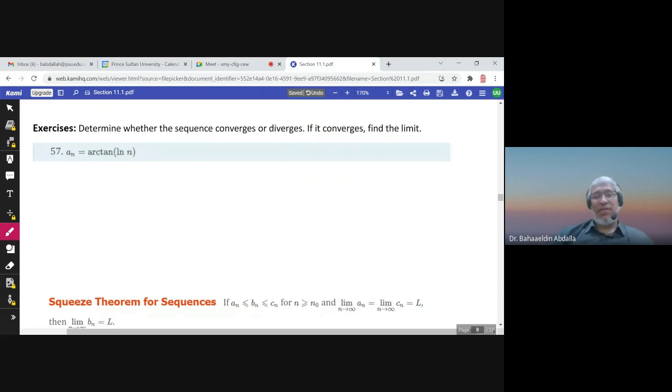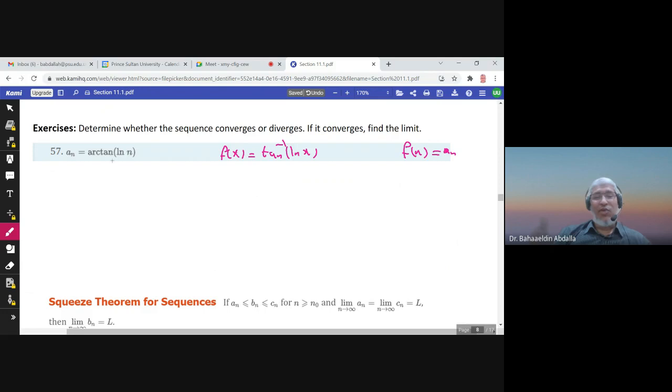Some exercises. Determine whether the sequence converges or diverges. If it converges, find the limit. Tan inverse of ln n. Well, if I want to work with a function, what would be the function? The function would be tan inverse of ln x. So you can see that f of n, when I replace x by n, I get a_n.